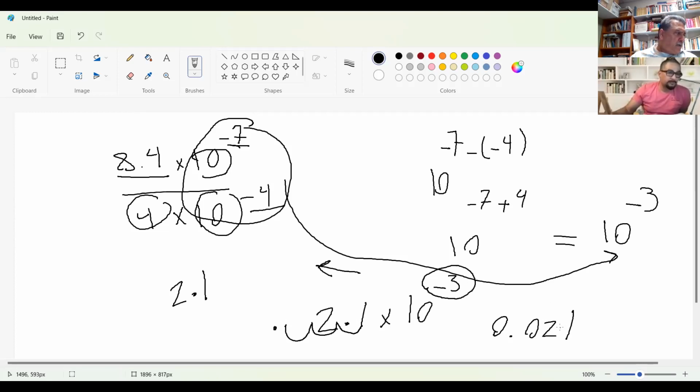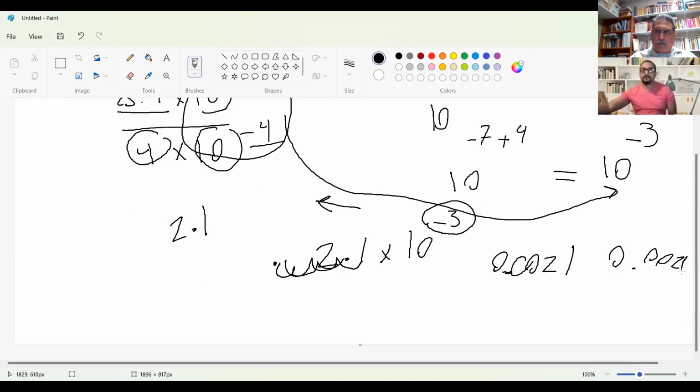Okay, actually, what did I do here? No, actually, I'm sorry, it moved 1, 2, and 3. So I'm sorry, it's kind of messy. It becomes 0.0021. Okay, you follow? I'm sorry, my graphic is not very good.